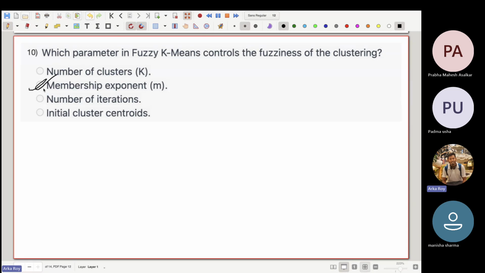You can have either a no state or a yes state, and in the fuzzy k-means clustering method, you can actually say that there is an uncertainty that your point P1 might belong to any other data clusters as well. So therefore, the membership parameter brings the fuzziness or the uncertainty into the clustering process.